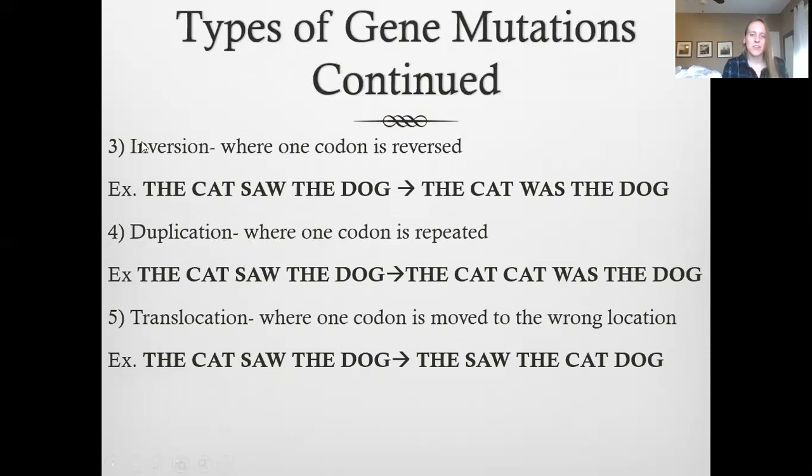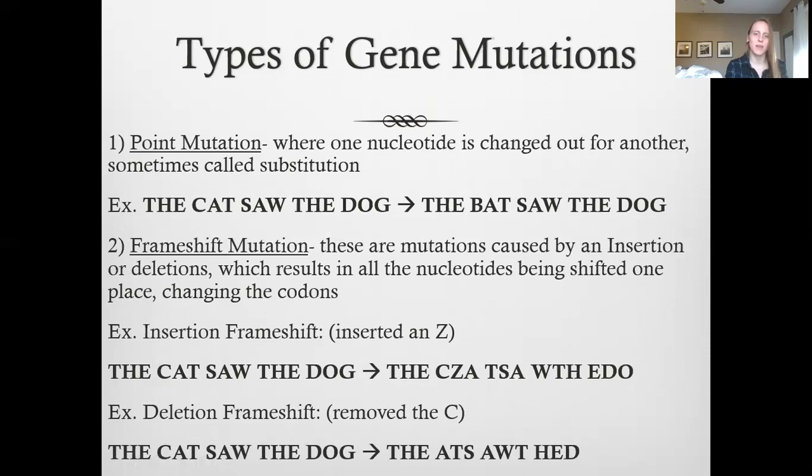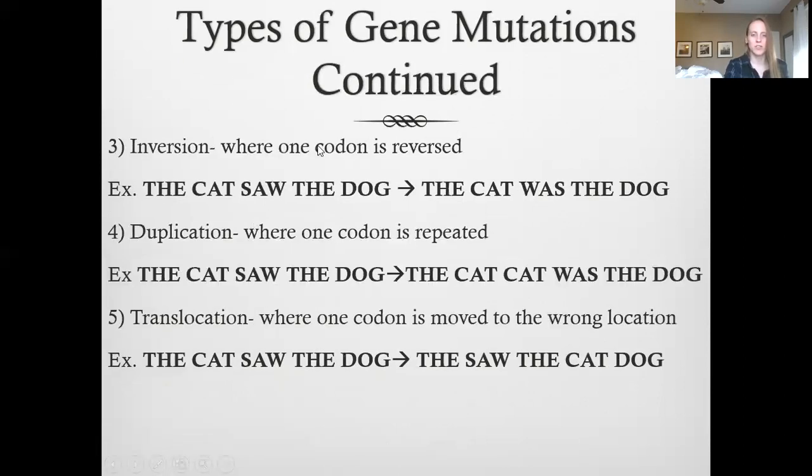You can also have an inversion where a codon is flipped backwards, a duplication where a codon is duplicated, or a translocation where the codon is moved to the wrong location. Of those different types of gene mutations, the 2 that you should be familiar with are point mutations and then the 2 different types of frame shift mutation. I don't really care if you know inversion, duplication, and translocation.